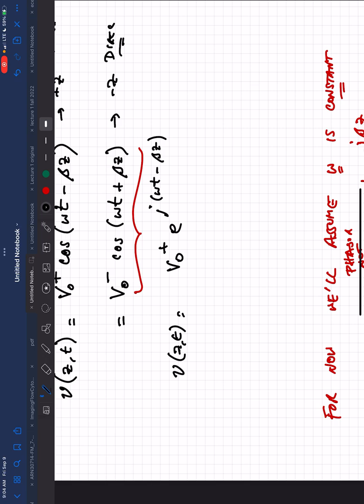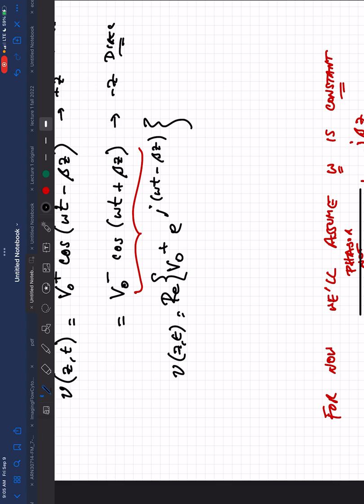So, guys, if you remember, e to the j omega t is cosine of this guy plus j times the sine of this guy. So if I'm just looking at this, it would equal cosine of omega t minus beta z.